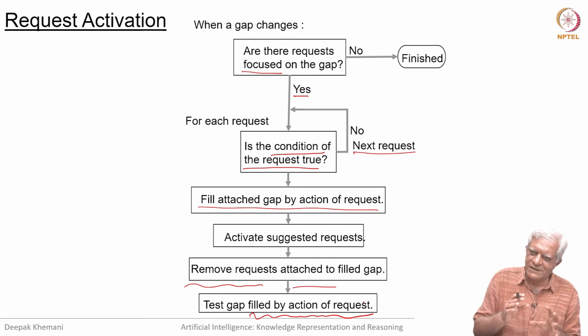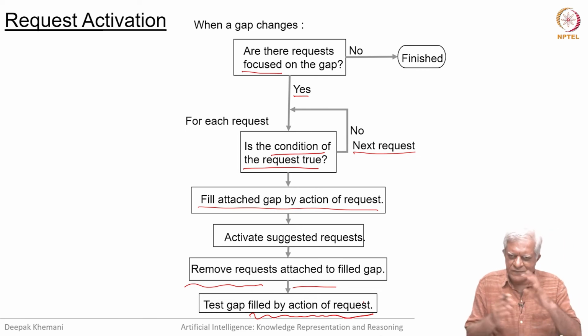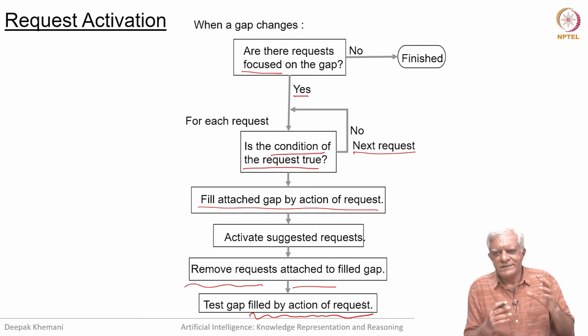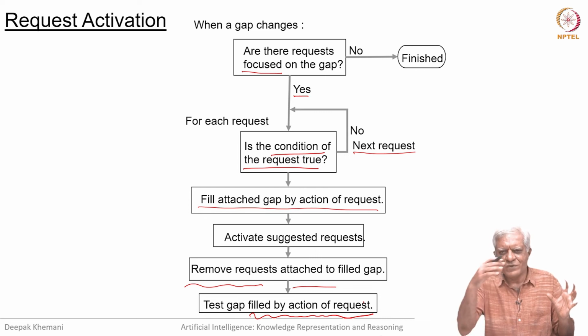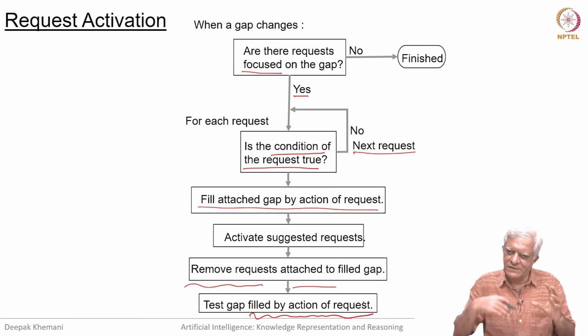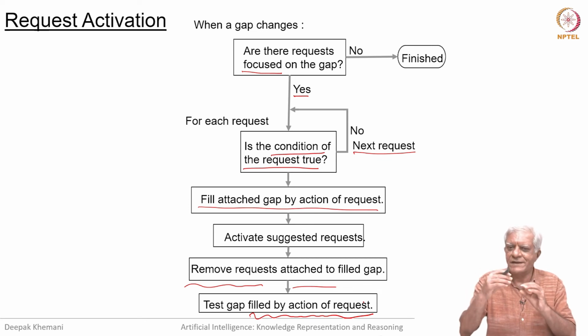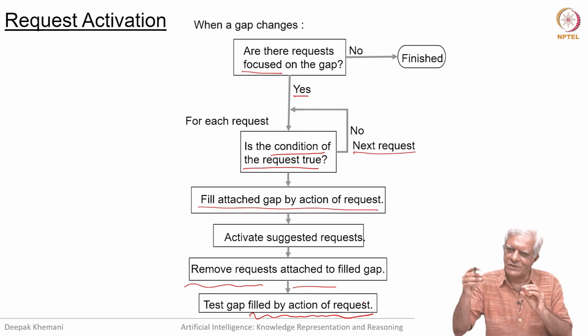And this whole mechanism of managing requests is essentially to see that all this data flow activity happens, that when you read an input sentence, you create some changes in the internal representation, and there is some flow of information within that representation. And this flow is like these requests, which are like pipes connecting one gap or one slot to another slot essentially.